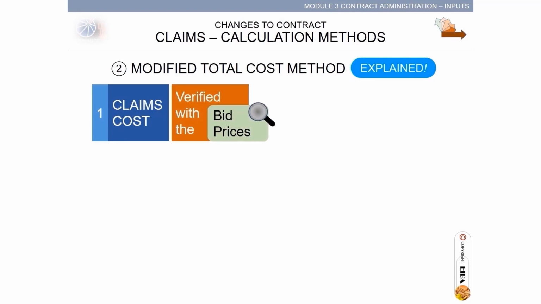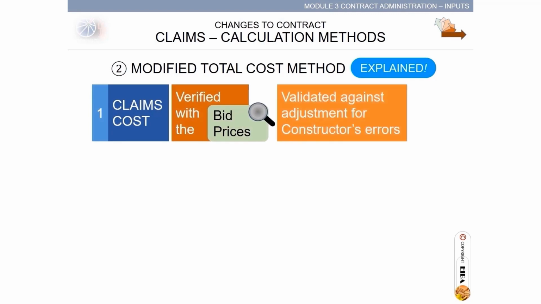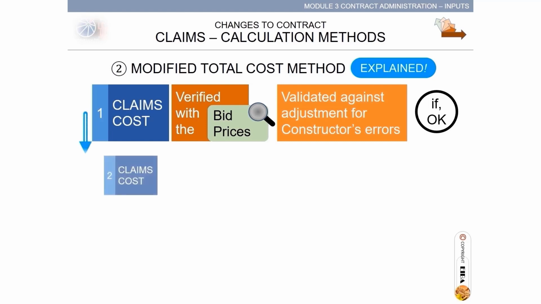Modified total cost method explained. Step 1. Claims cost. Verified with the bid prices. Then validated against adjustment for constructor's errors. Sometimes taking advantage of the chance to make cost corrections. If okay or none looks irregular, proceed to step 2.